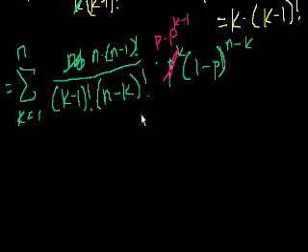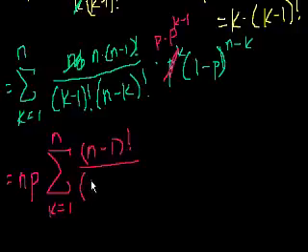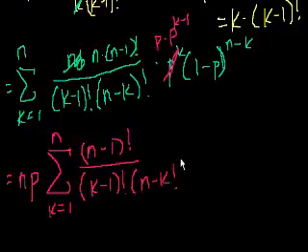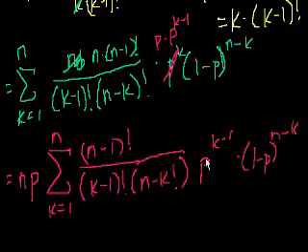Then we can factor out this n and this p, and we get np times the sum from k equals 1 to n of n minus 1 factorial over k minus 1 factorial times n minus k factorial, times p to the k minus 1, times 1 minus p to the n minus k.